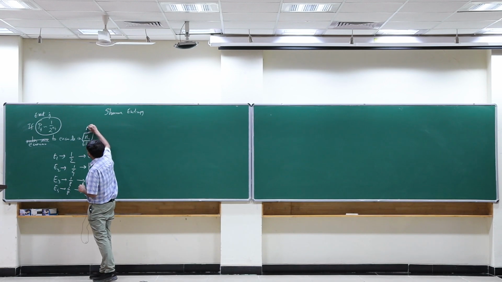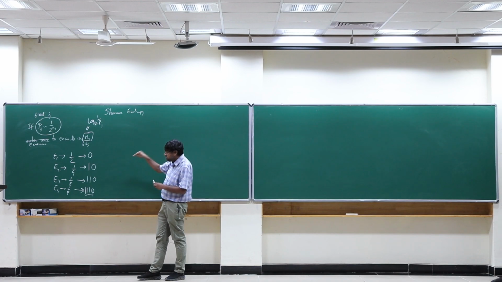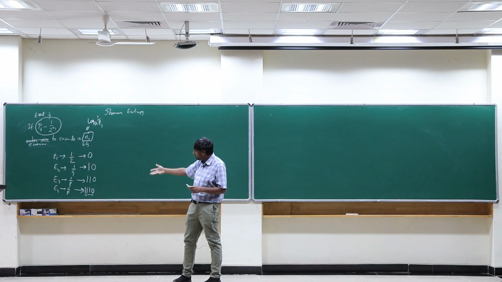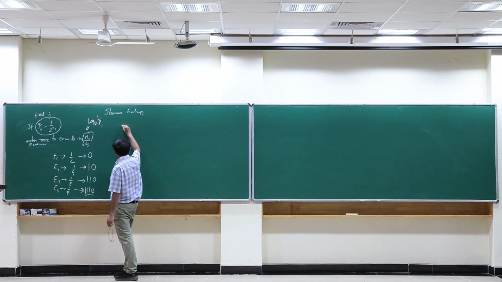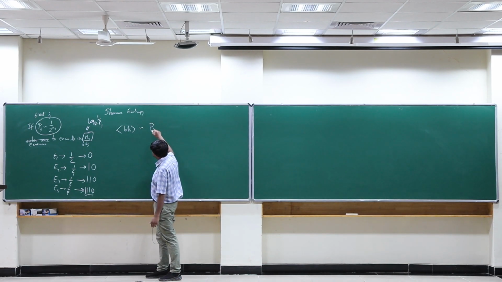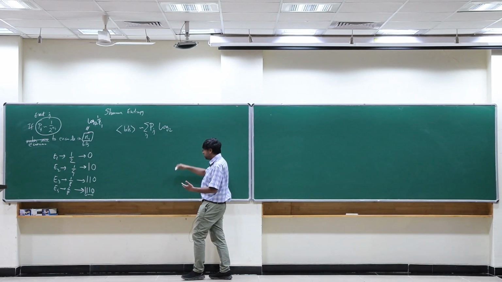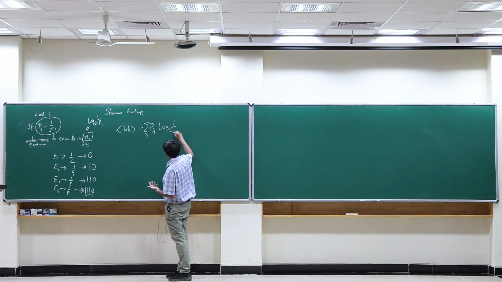This nj is nothing but equal to log to the base 2 of 1 by Pj.